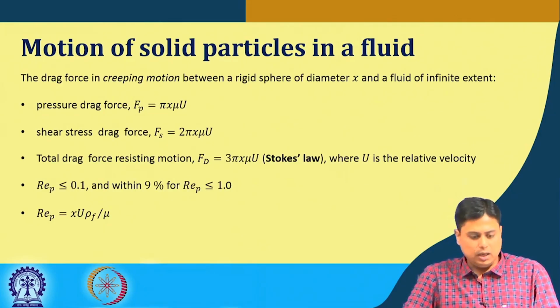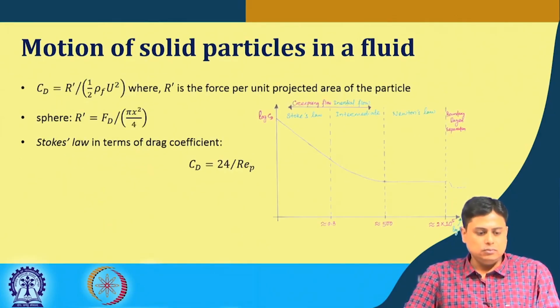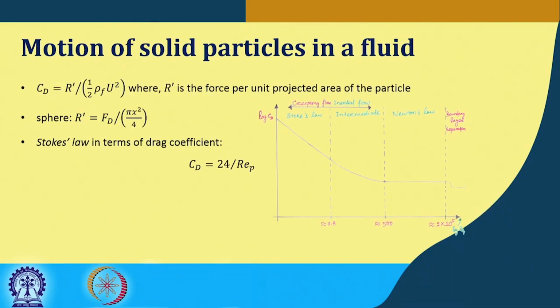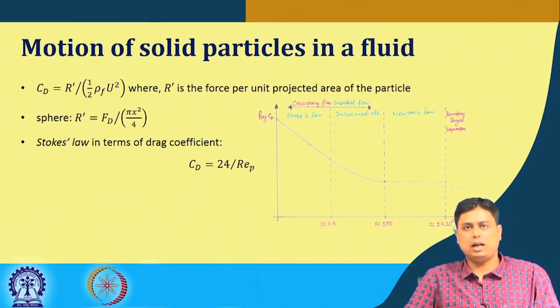Okay. Now, we can also calculate the CD, or the drag coefficient, where we have seen this R, which is basically the force per unit projected area, or Fd by A, that we mentioned earlier.